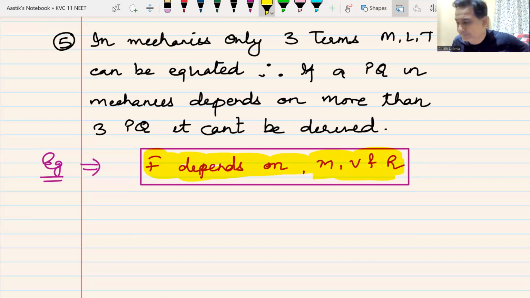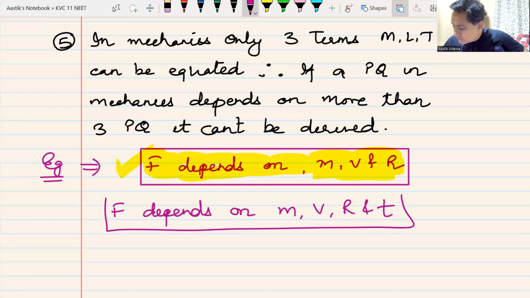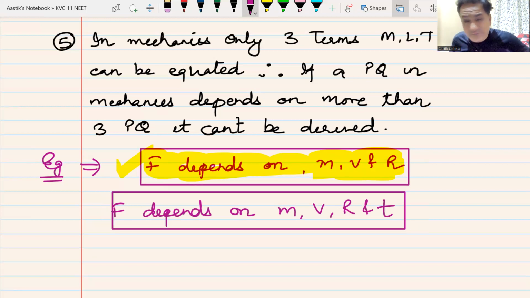We have done this question. Can we derive a rough formula for force using dimension analysis? Yes, we can do this. Now, if I change the question slightly, now if I say force depends on M, V, R, and T, T standing for time. Now, if this force would have depended on 4 quantities, can I derive this force using dimension analysis?